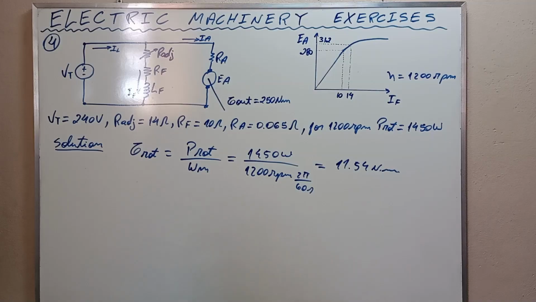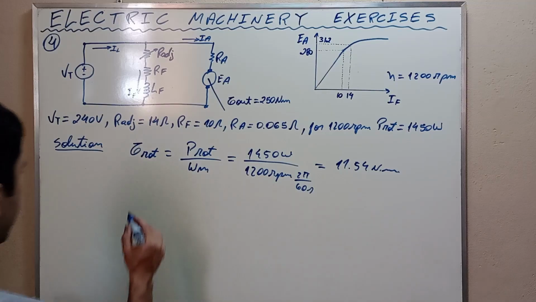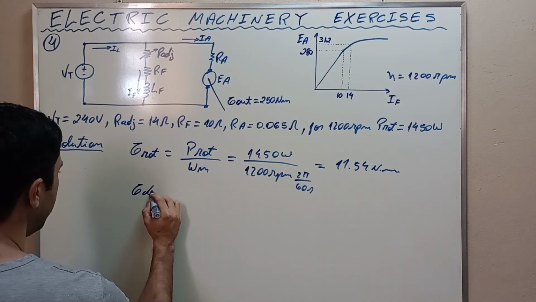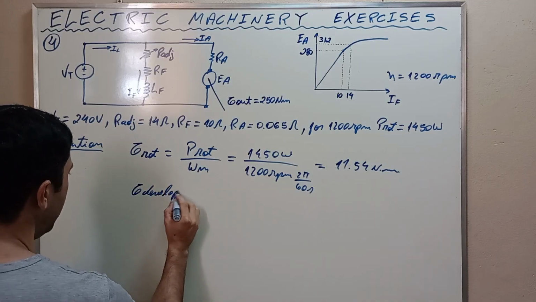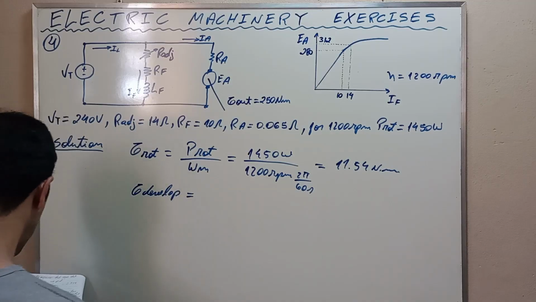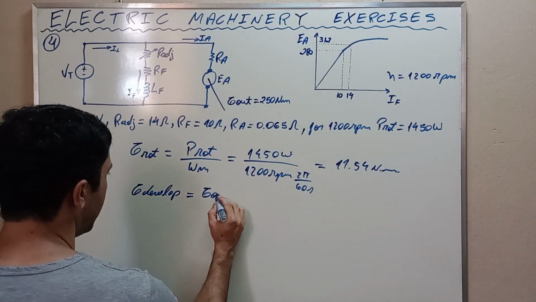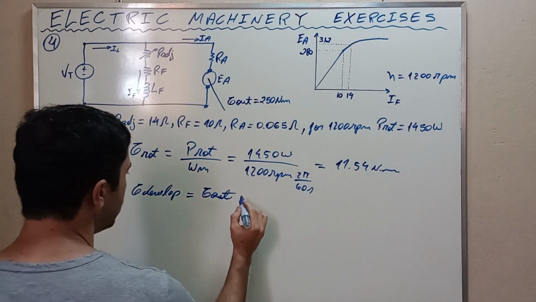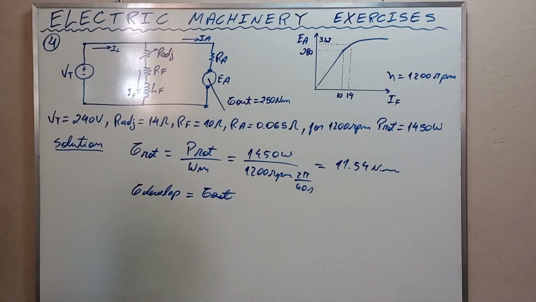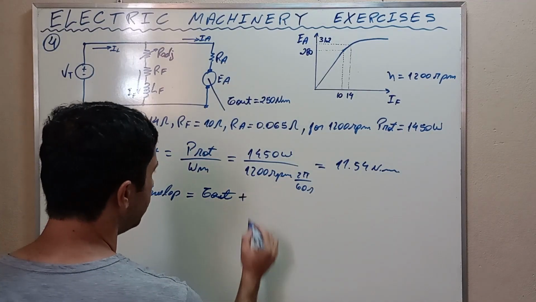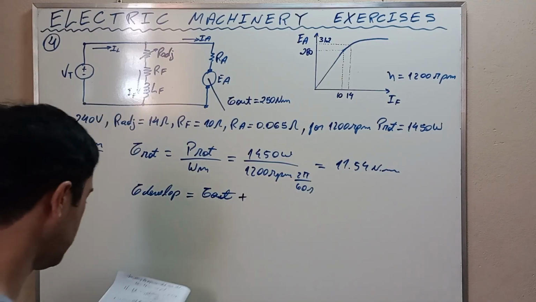Thus, we are going to calculate the developed torque. The developed torque is equal to the output torque, which is the torque that actually goes to the load, plus the torque loss due to rotational losses.